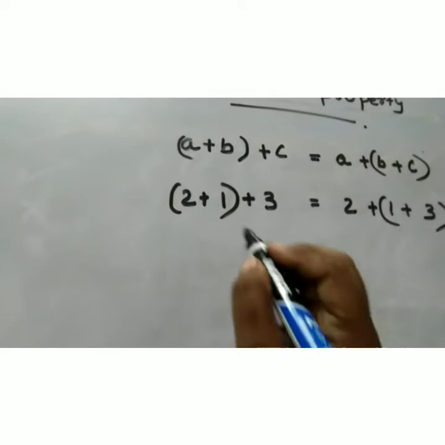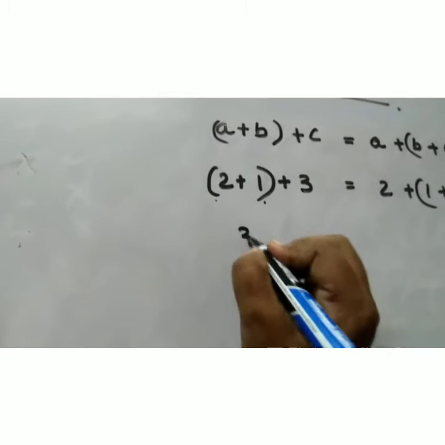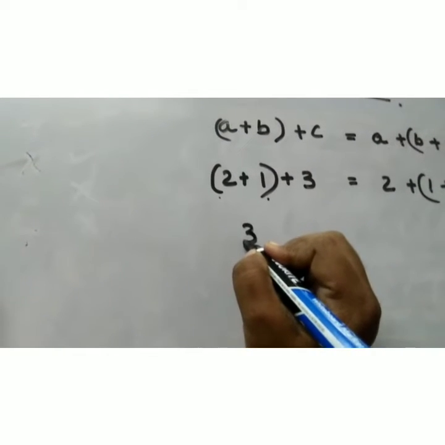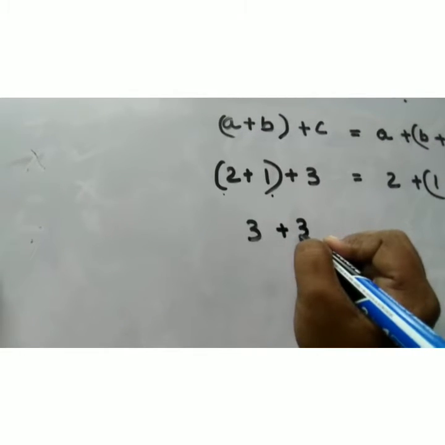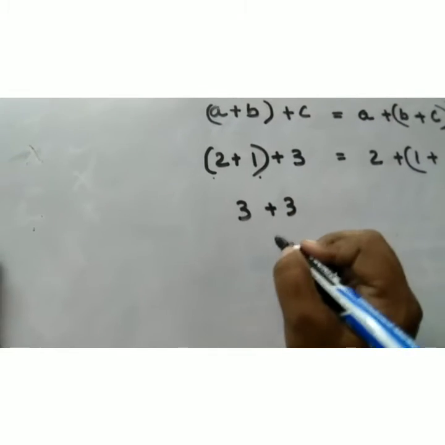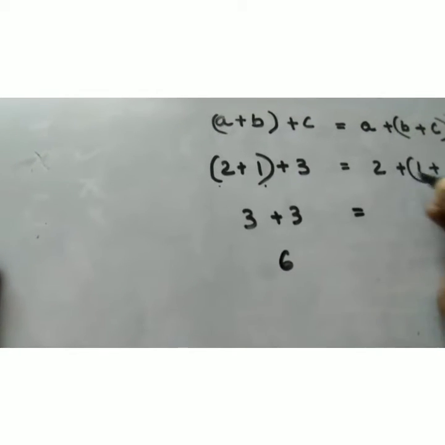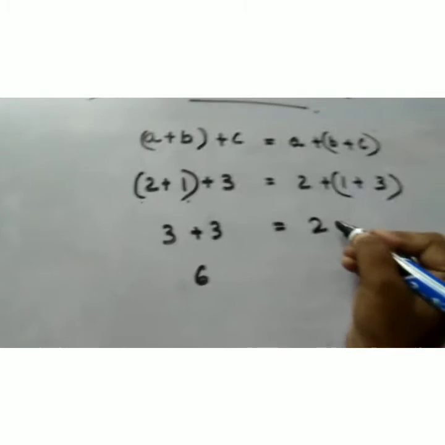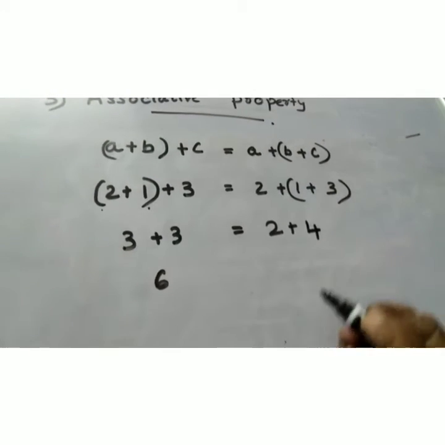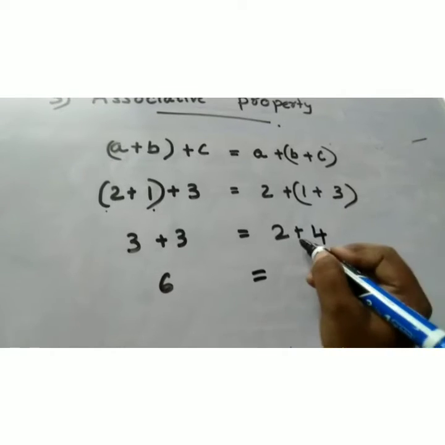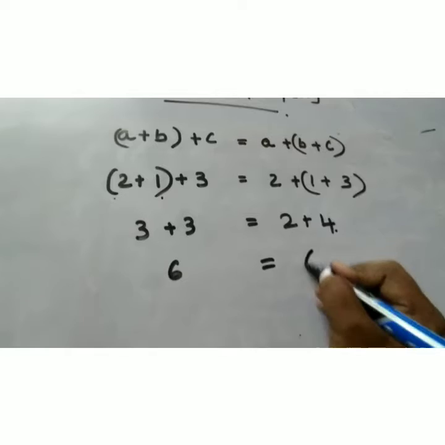In the first, you can add 2 plus 1. That means 3, and then add 3. Okay, 3 plus 3 is 6. It is equal to 2 plus 1 plus 3, which is 4, then 2 plus 4, which is 6.